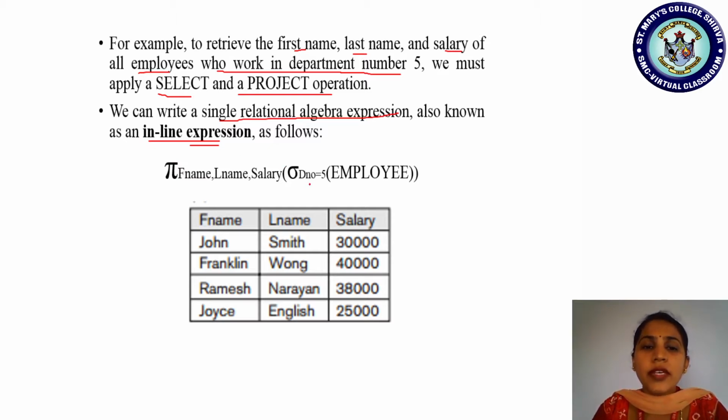How is it? I told you first we are supposed to apply select. See, sigma is found here, the select operation is done. Then the project operation has to be applied. So the pi operator, you are observing, right? From the employee relation, first we should select the employee tuples, the records of those who are working in department number 5. So this is a condition.